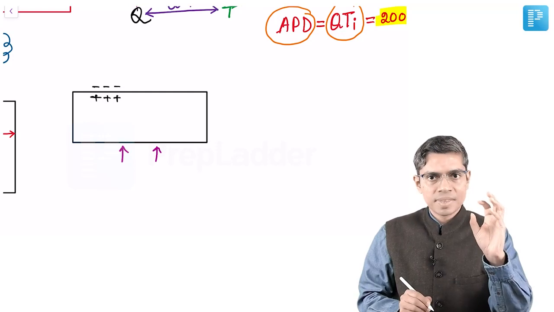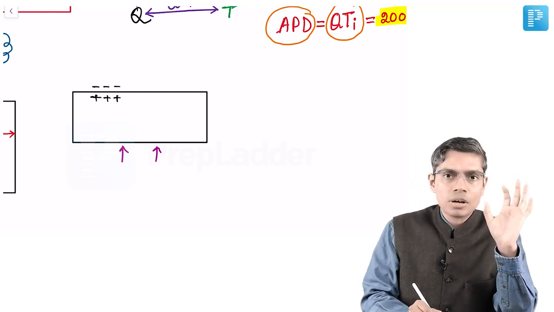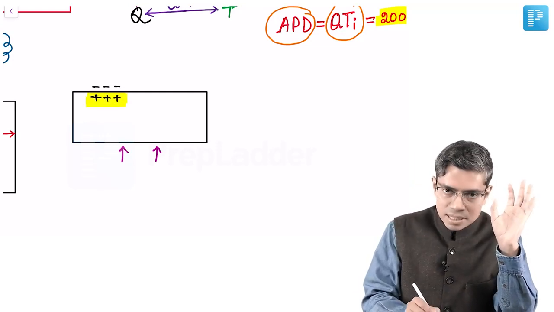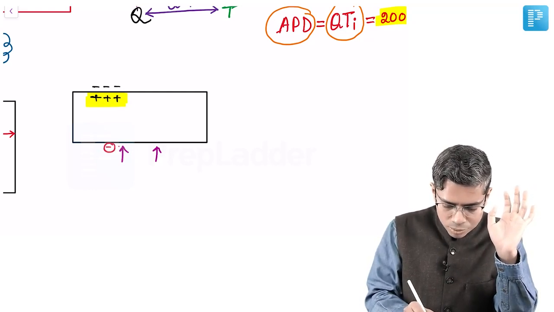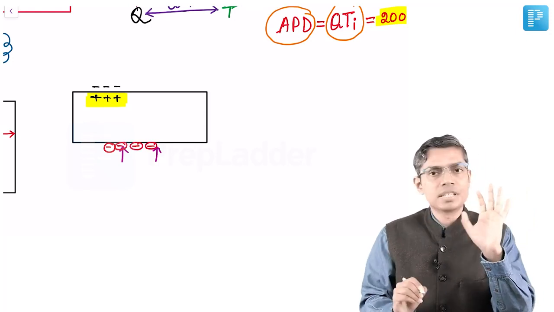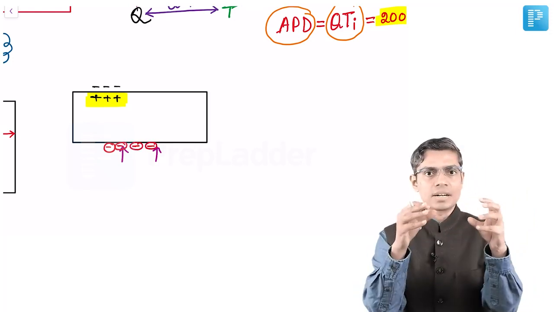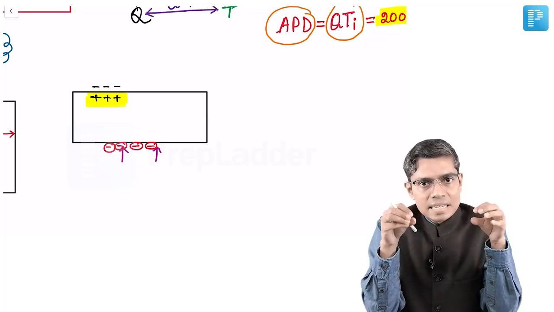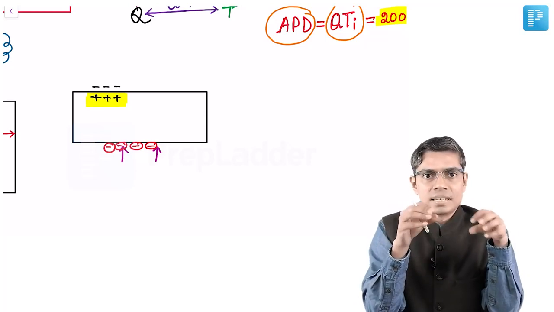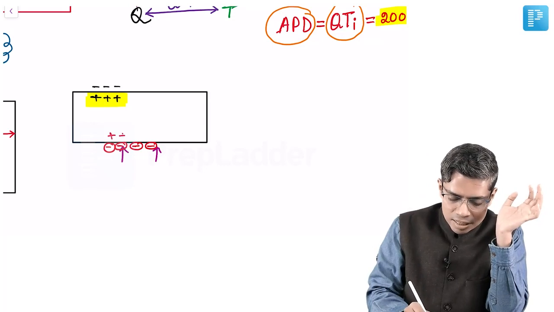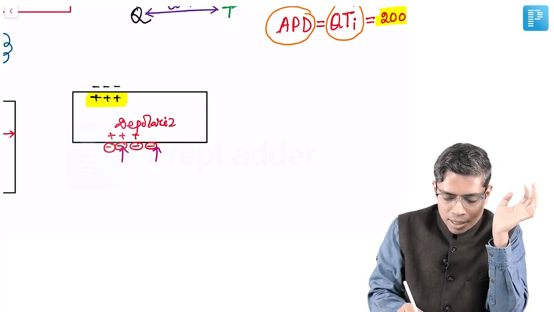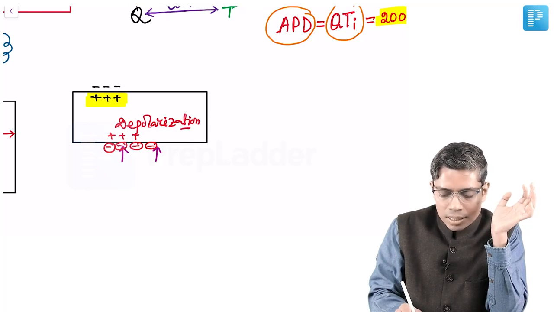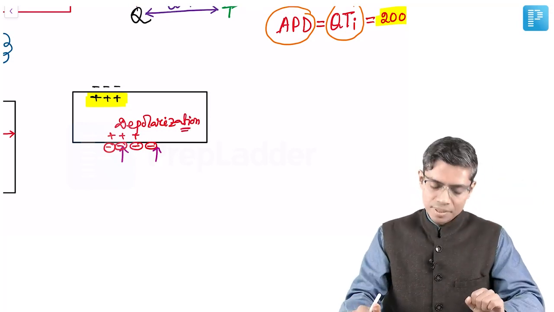So whenever depolarization is going on, obviously the interior of the cell is becoming positive, but the ECG electrode is going to get the negative charges, negative voltage. Getting my point? So if the ECG electrode is getting negative, it is touching the negative surface, that means the interior is positive. That means this is nothing but depolarization going on in the cell. I hope this is also clear, right?